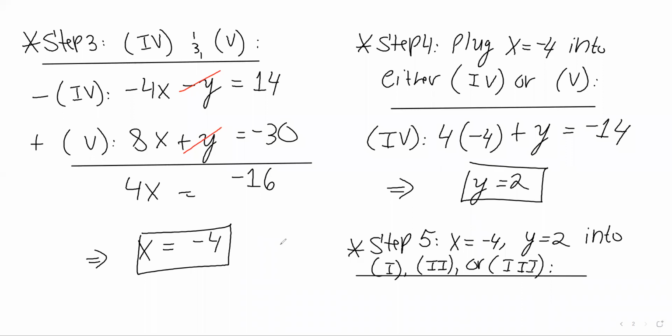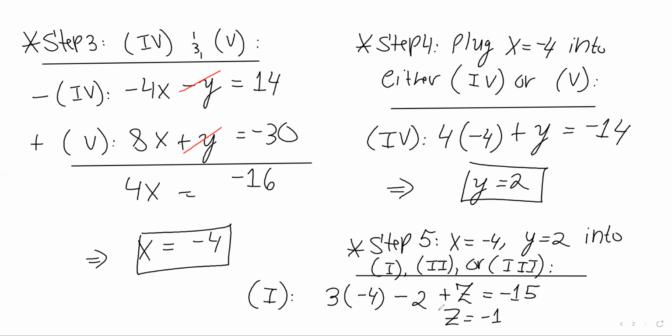So let's plug them into equation 1. That was 3 times x, which is negative 4, minus y, plus z equals negative 15. That's negative 12 minus 2, so that's negative 14 plus z. So I add 14 to both sides, and I get z equals negative 1.